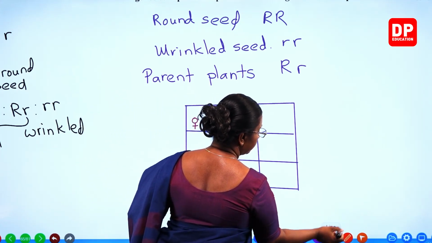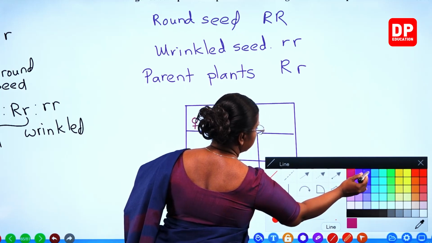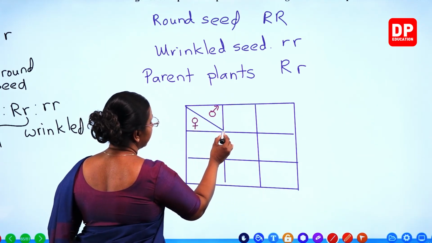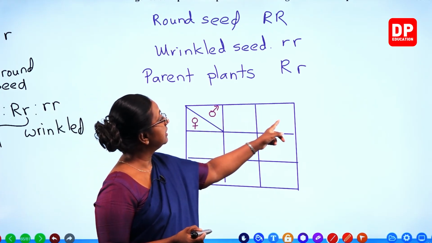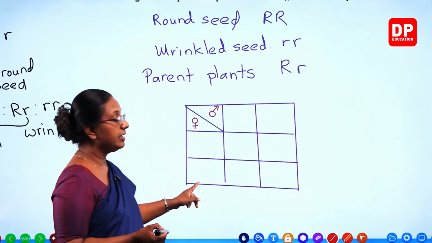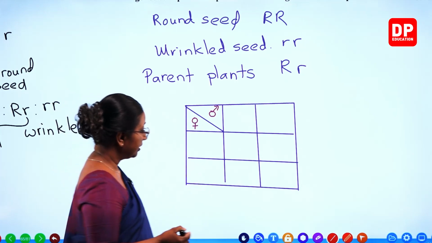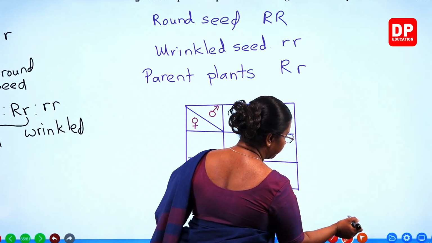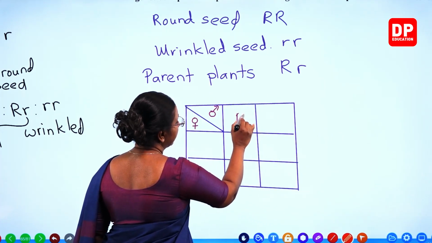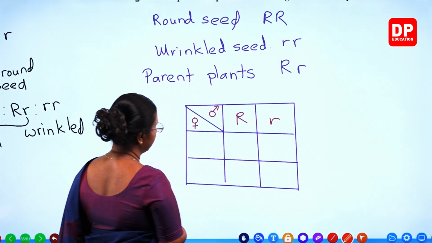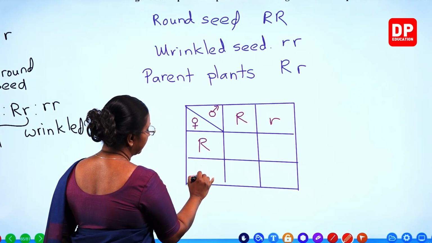You can also cross it like that. So, this side it's going to be the male plants, the genes, and the female plants, the genes. So, here what is it going to be? This is going to be capital R, this is going to be simple r. This is again capital R, simple r.